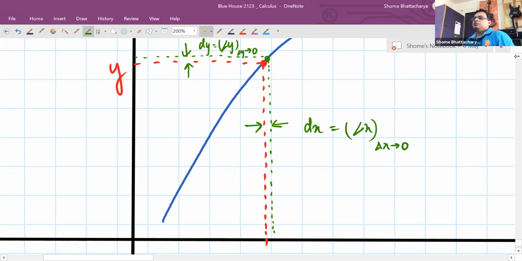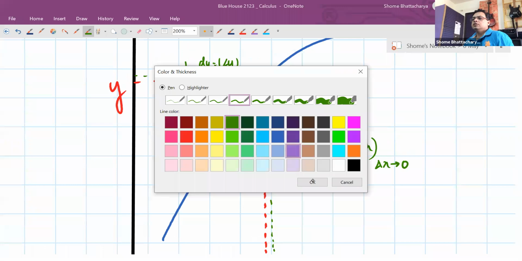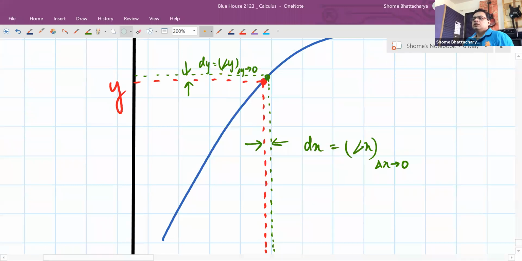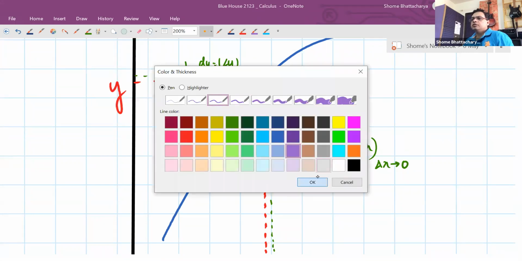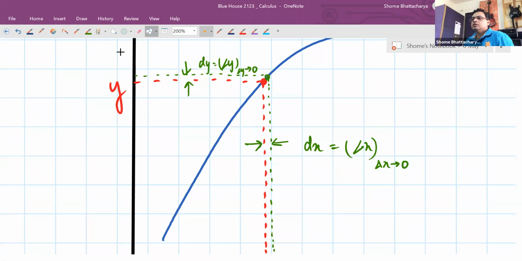So now if I try to join these two points, it's a bit of a hazardous job, but what I'll do is make it as fine as possible.